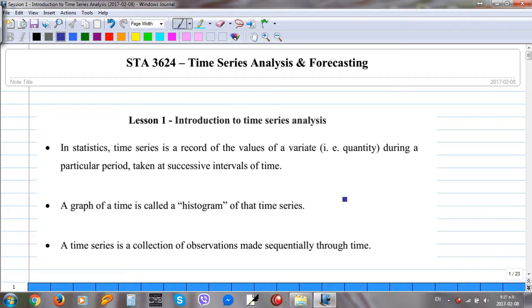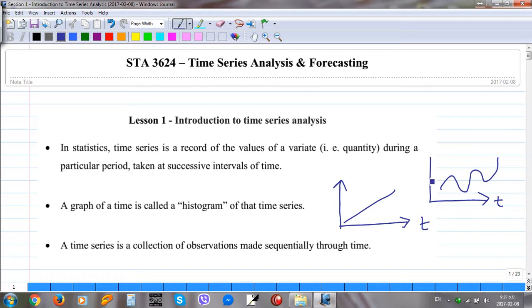As an example, if we take some quantity over time, that is a graph of a time series. It can look like this. That is a histogram. If another graph of a quantity over time comes like this, that is also a histogram. A histogram means a graph of a time series.